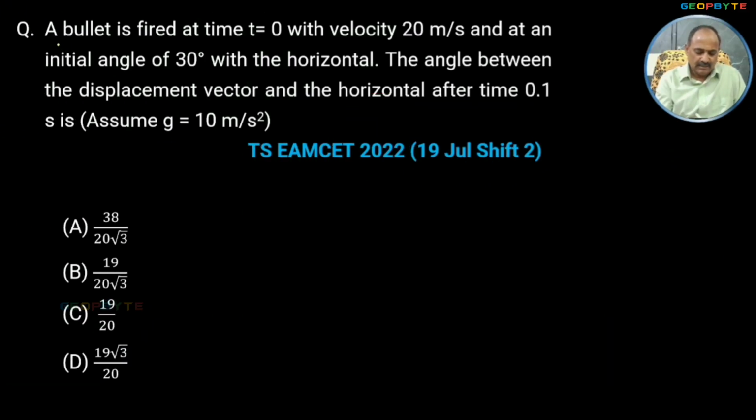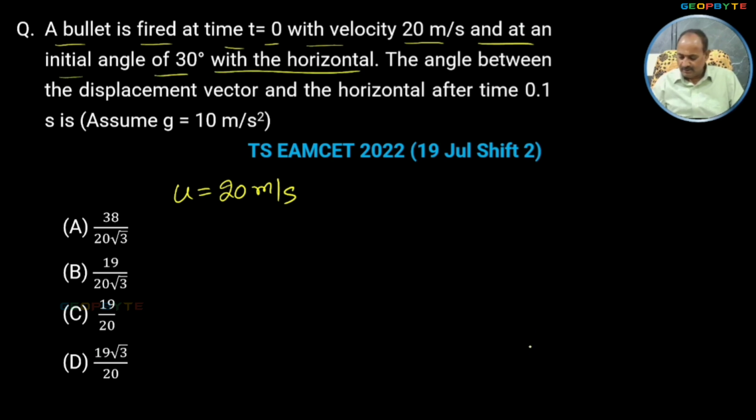Look at this problem. A bullet is fired at time t equal to 0 with velocity u equal to 20 meter per second and at an initial angle of 30 degrees with horizontal.